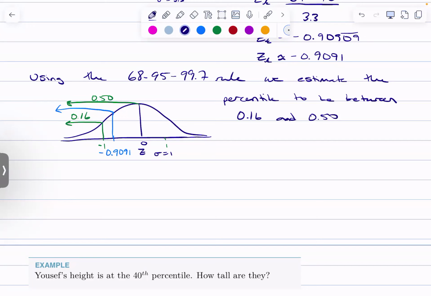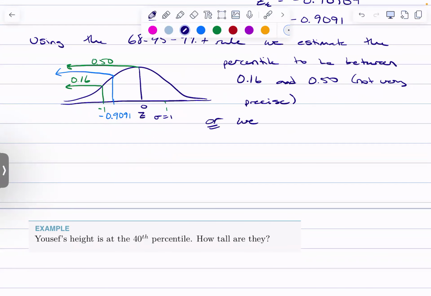I will add in brackets, not a very good estimate. Probably closer to 0.16 just because we know how close to negative 1 we are, with a Z of negative 0.9091. But that's really all we can say using the 68-95-99.7 rule. So not very precise.